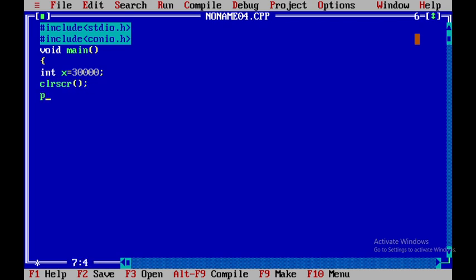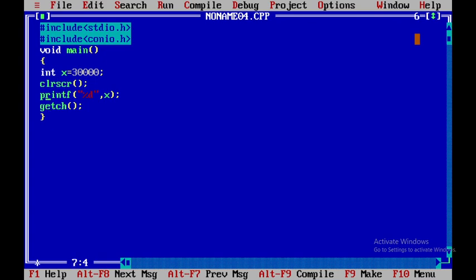And if you print here, since it is an integer, we can use the associated type %d with x. Okay, and getch, and now if you run here it is 30,000.